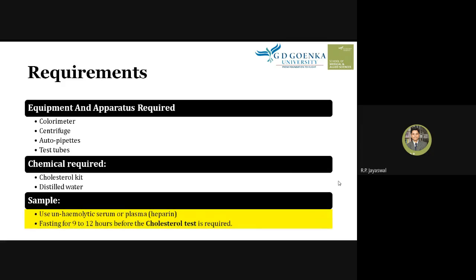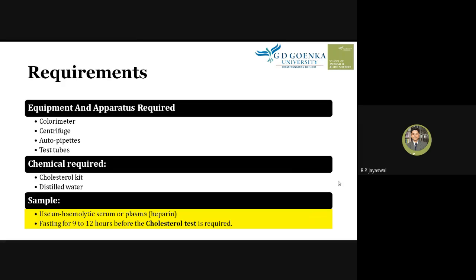Always use unhemolyzed serum or plasma. So we can use serum, and it should not be hemolyzed serum, unhemolyzed serum. You can also do the test with the help of plasma, but it should be heparinized plasma.